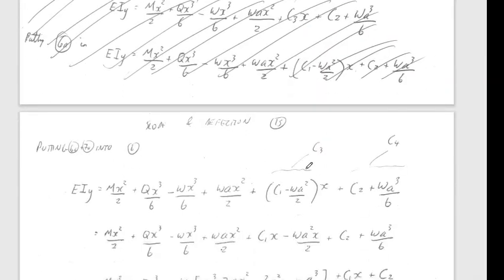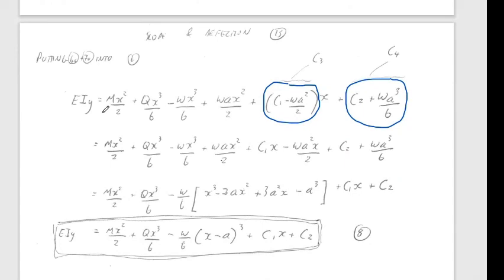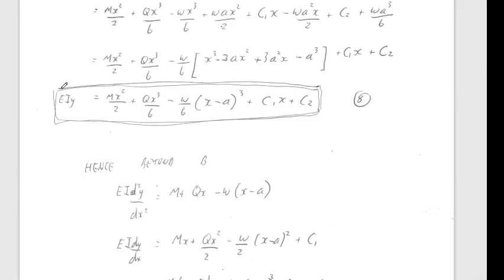So we've replaced C3 with it in terms of C1. We've replaced C4 with it in terms of C2. And then we do a bit of algebra manipulation. We expand those, we factorize those, and we end up with our deflection beyond B in terms of C1 and C2.